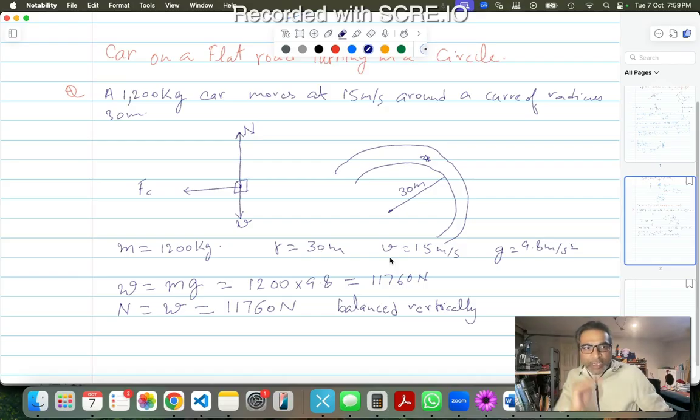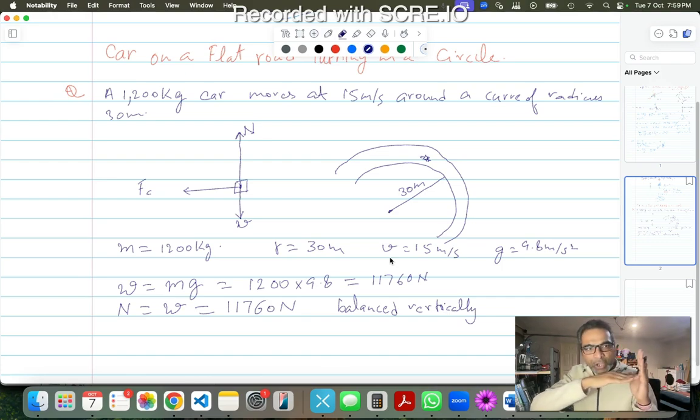The car is not lifting upward and going beyond the road, right? Because it's balanced vertically, the force which is pulling downwards has an equal and opposite force which is called normal. So that's the main thing.